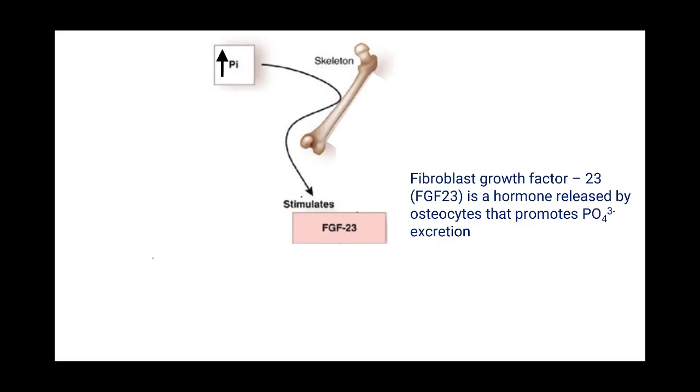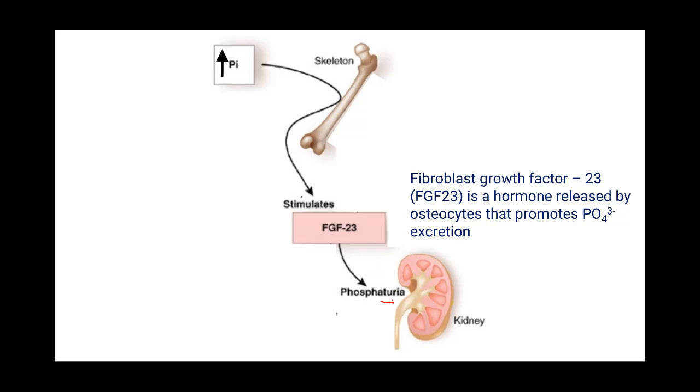So, if someone has a high phosphorus intake, say from soda or milk, the high phosphorus level is detected by osteocytes, that is the bone cells, and the osteocytes release something called FGF23, the fibroblast growth factor 23. The FGF23 then brings about excretion of phosphate into the urine.